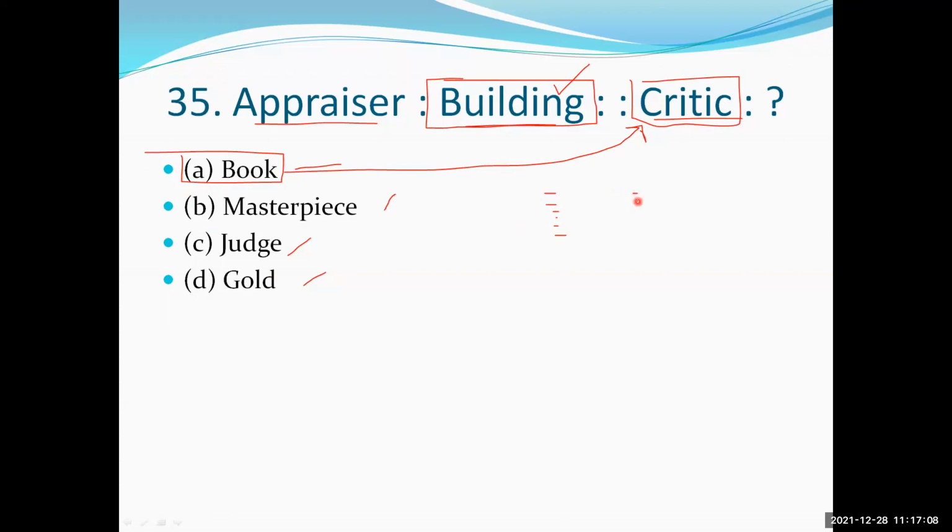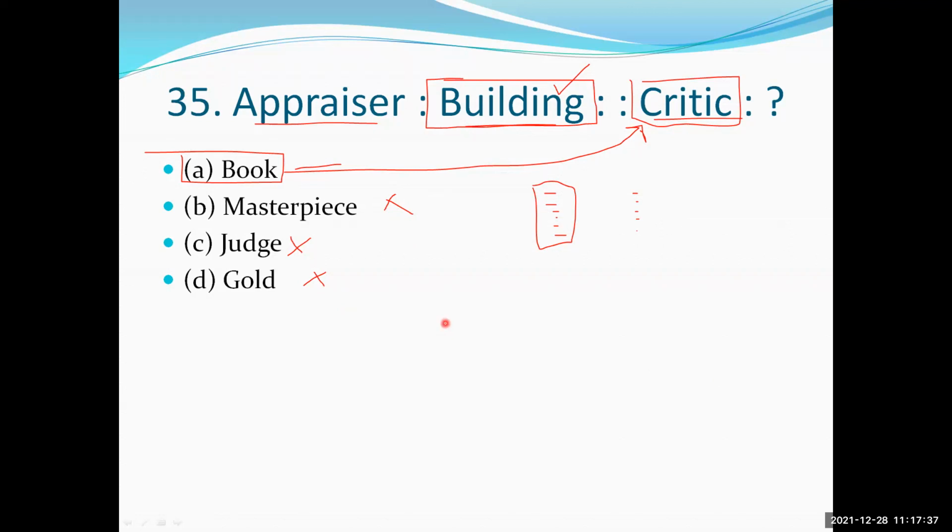It is not only drawbacks he points out, but he can point out strengths also. A kind of evaluation critic does, and it is about book. So not for masterpiece. Judge no, gold no. So therefore option A all of you are choosing, and that's right, and you are even explaining it also. Sakshi and Sanyosh, you are giving me the right explanation also.